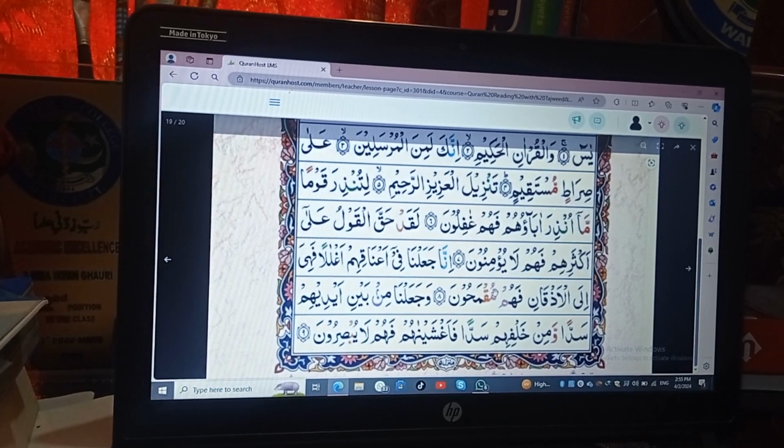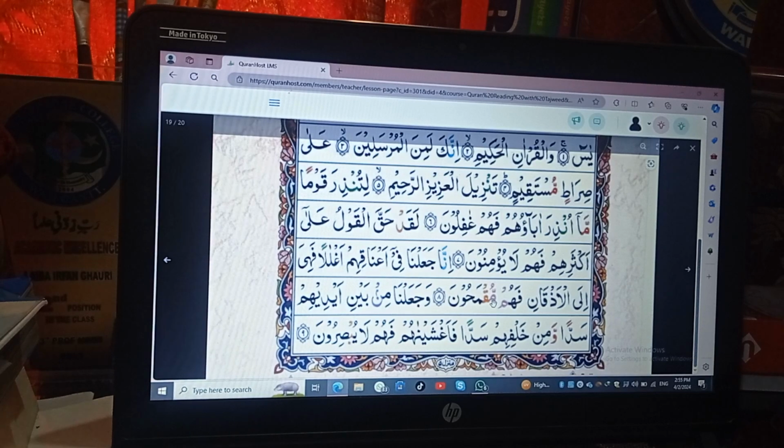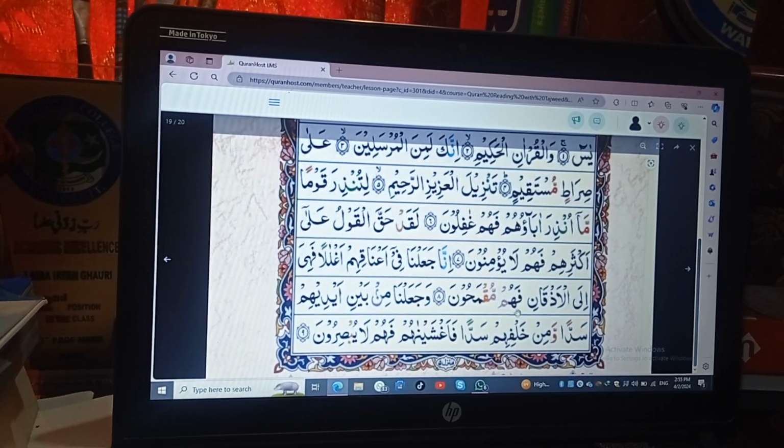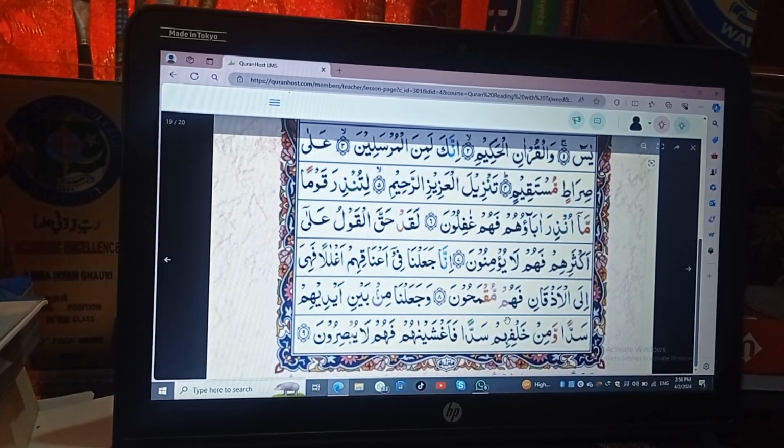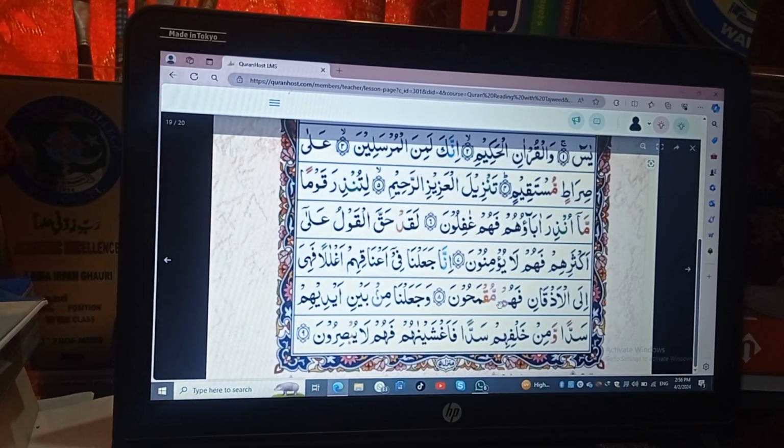So now you can see that meem sakin is present, and the letter after that is meem with the sign of duplication here, and I am reciting meem with the previous letter, that is ha, with the damma, and I am following the rule of idgham shafawi here, and while reciting this I am also creating the nasal sound. Fahum muqmahun. So this is the rule of idgham shafawi here.